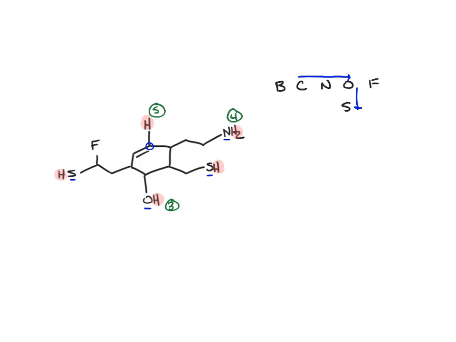So now if we compare these two sulfurs, one has this electronegative fluorine attached nearby. That's an inductive effect that makes that SH a little bit more acidic than the other. So we would say this one is 2, this one is 1.